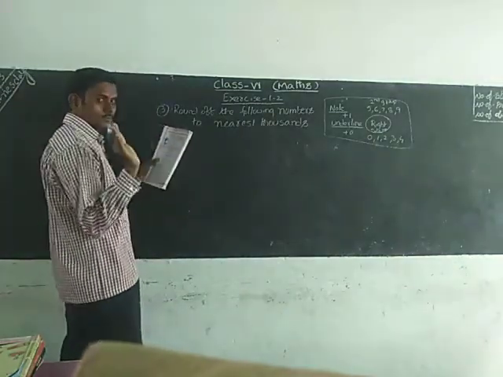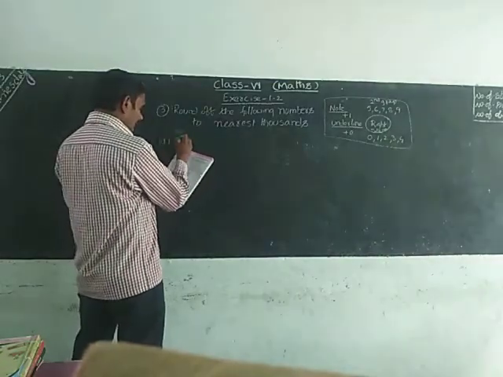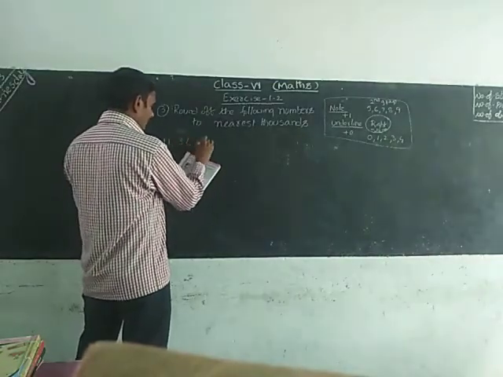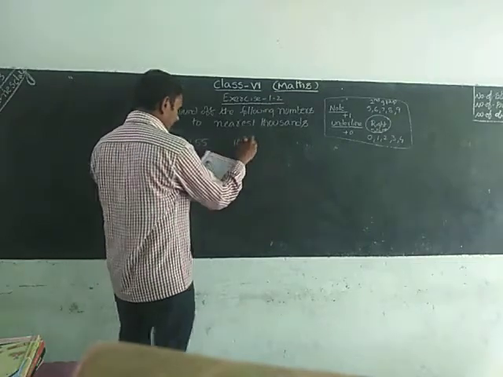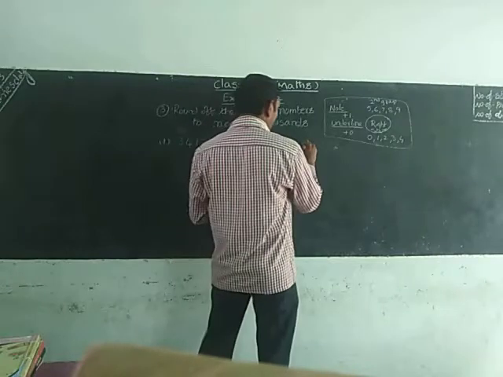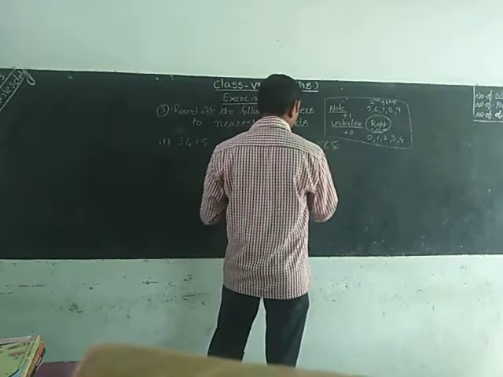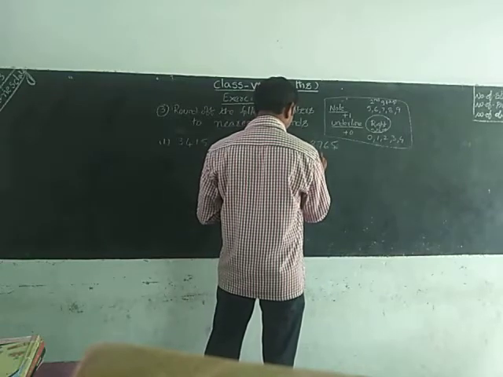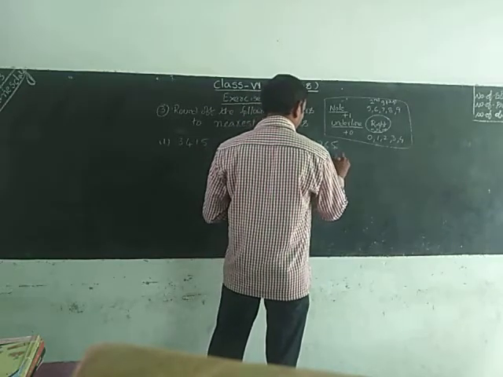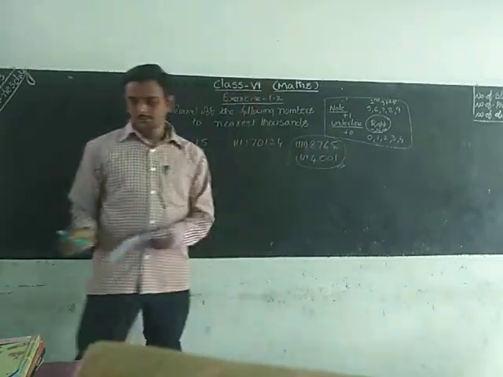I will discuss two sums only; already we have done this, so by following this you can do the rest. The first is 3415, the second is 70124. The third and fourth, 8765 and 4001, do on your own.